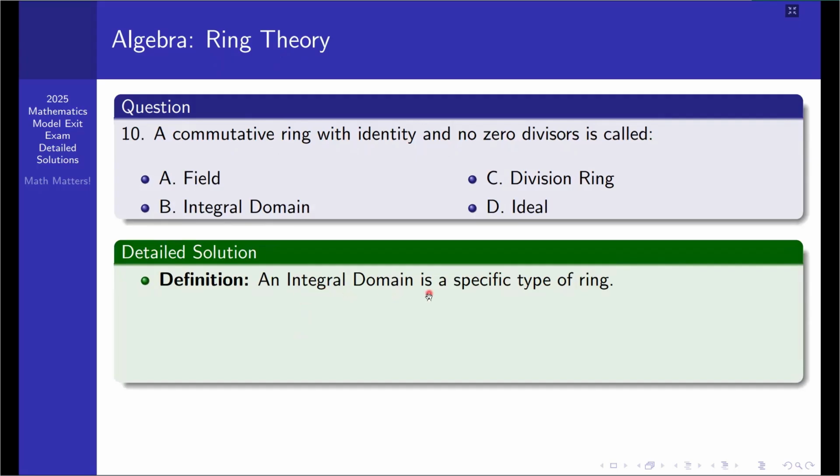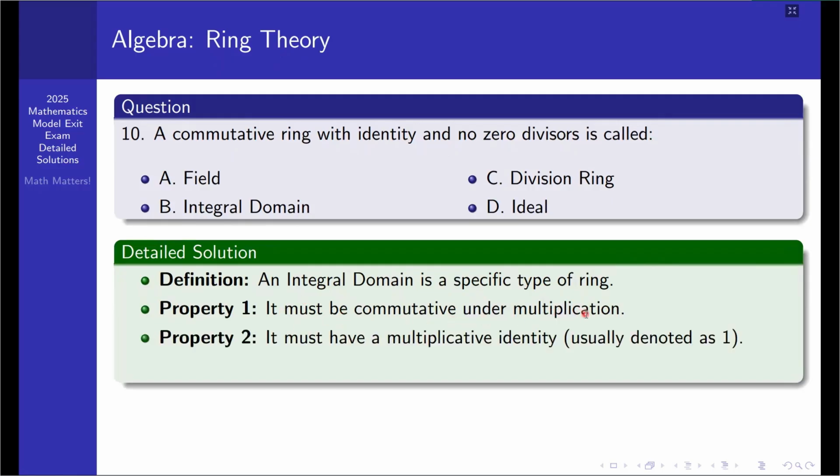An integral domain is a specific type of ring, and the property could be that it must be commutative under multiplication, and the second property must be that it must have a multiplicative identity, usually denoted by 1, since the operation is multiplication. And the last one is that it has no zero divisor. That means if A times B is equal to 0, then either A is equal to 0 or B is equal to 0.